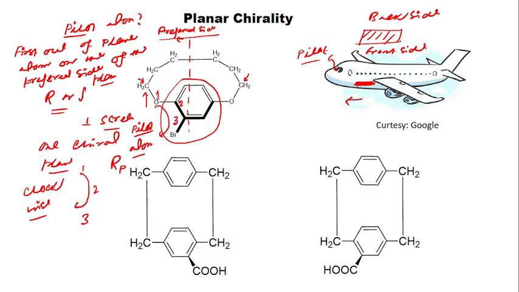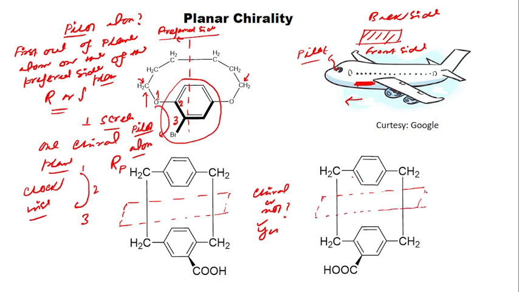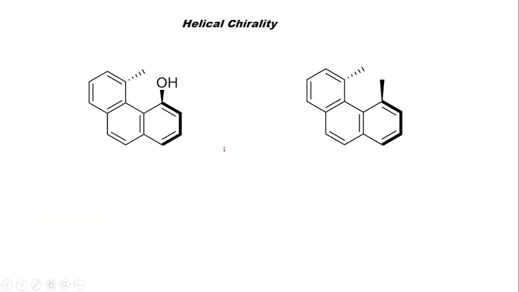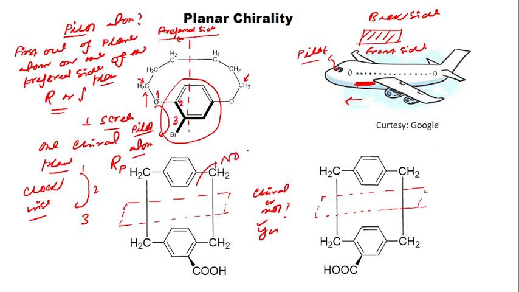Look at these two molecules. If it is R, are these two molecules chiral or not? Our answer is yes. Why is this chiral? Because both molecules have a plane, and around this plane the chemical environments are different, because on this side there is no COOH, but on this side we have COOH.